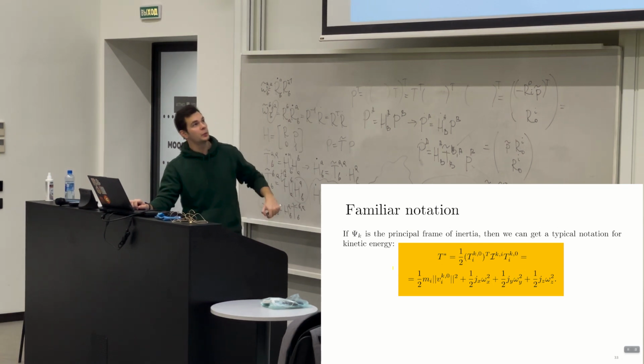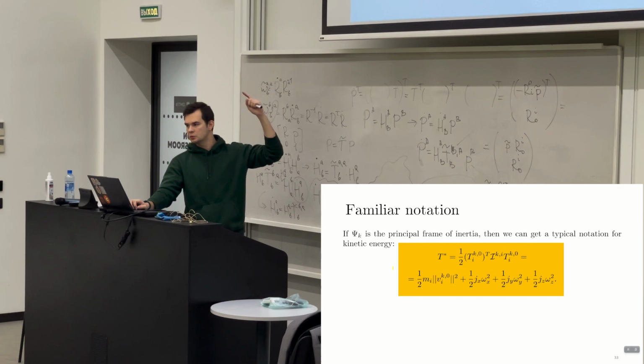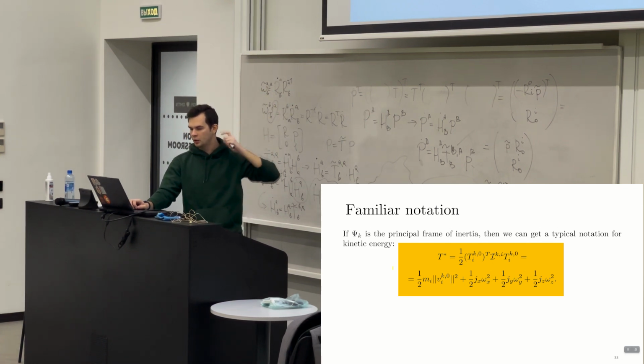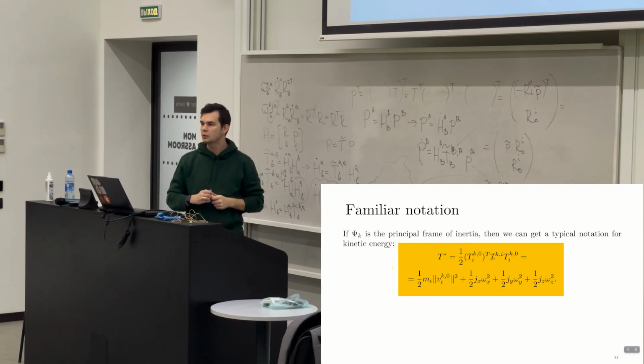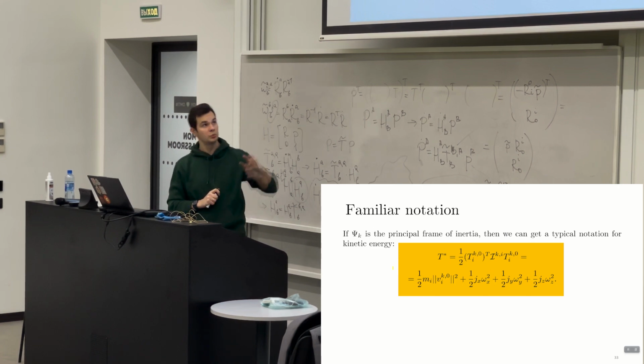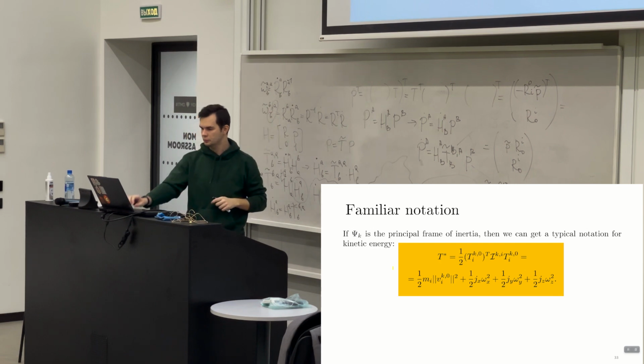So basically, when you have a rigid body, you need to put all the components. In our example at the third lecture, I had a point mass. But for a rigid body, we actually need to put all of them.